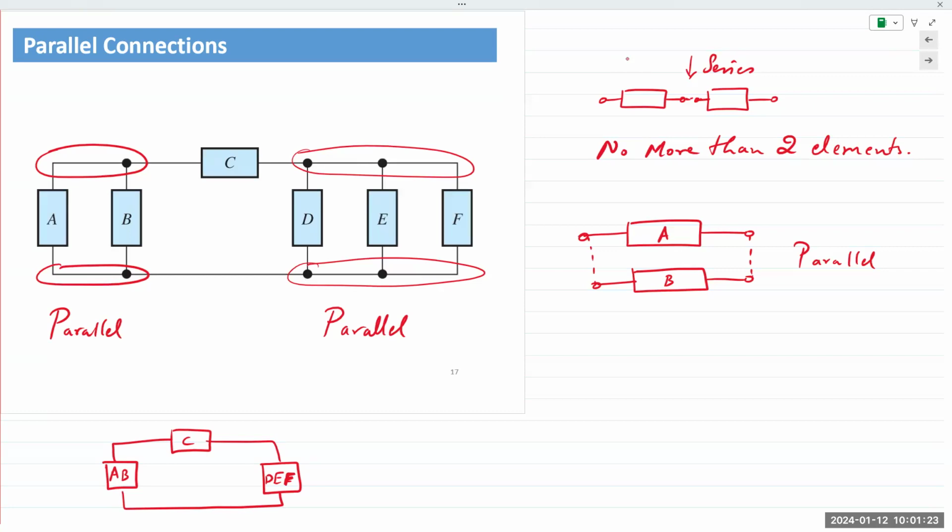Then we say all three of these are in series.